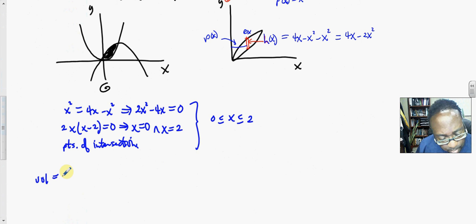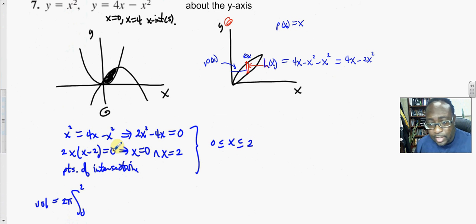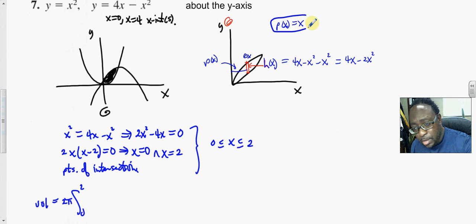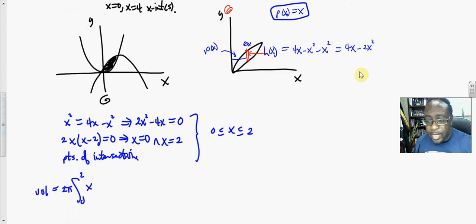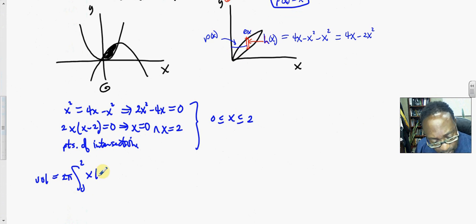So the volume is 2 pi times the integral from 0 to 2 of p of x times h of x, and p of x is x, and h of x is 4x minus 2x squared, dx.